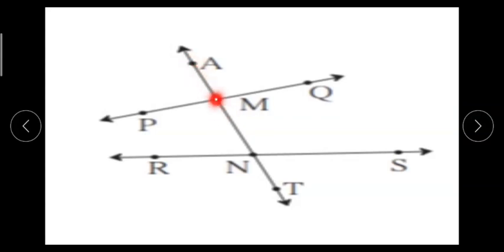The figure which is there on the slide, the same figure is there in your textbook also, alongside the heading. Okay, I repeat, third point. Your point is angles made by a transversal. Then draw this figure.